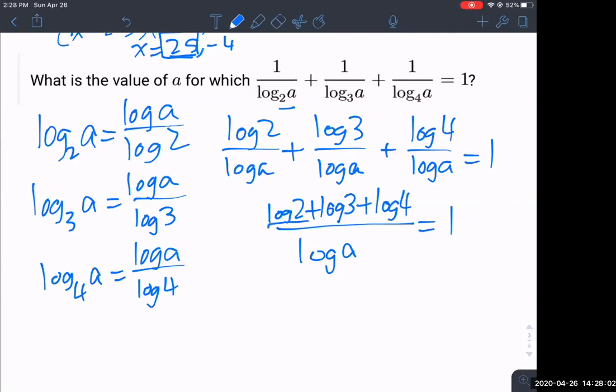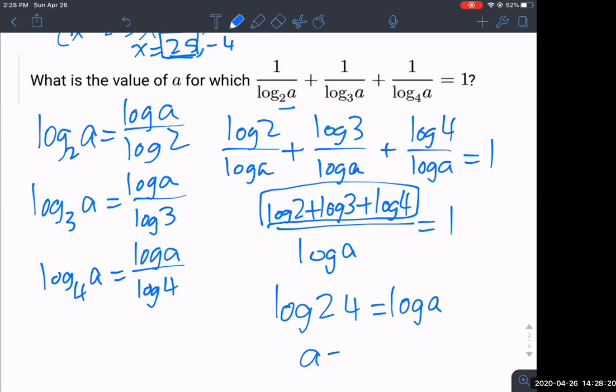And then this top one can be simplified with the product identity. Basically, when you add logs, you multiply these. So you have log of 2 times 3 times 4, which is log 24, is equal to log a. So a is equal to 24.